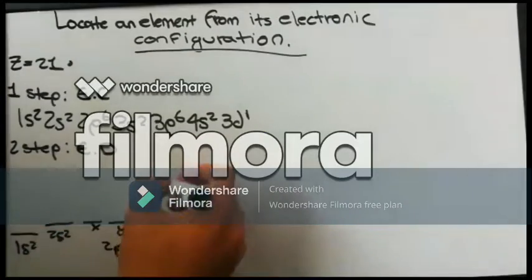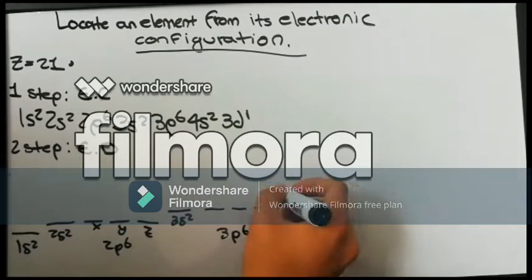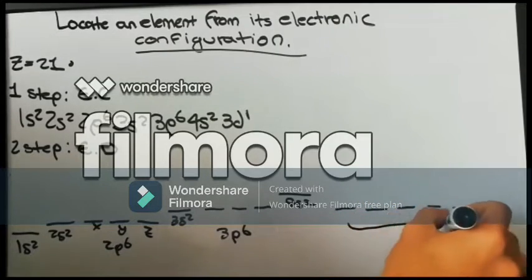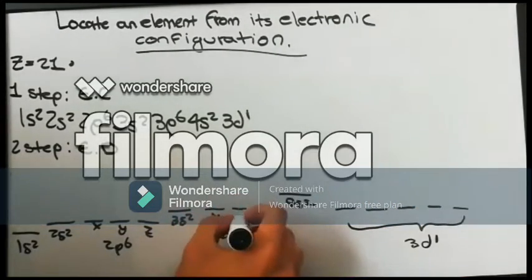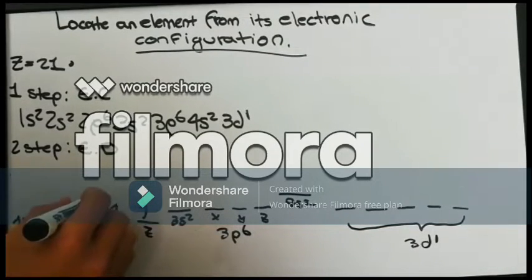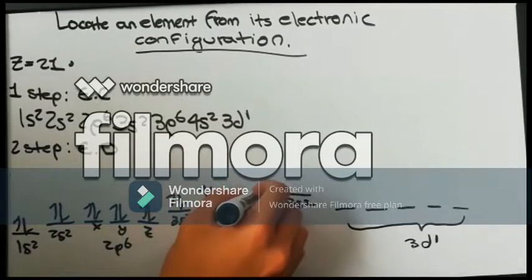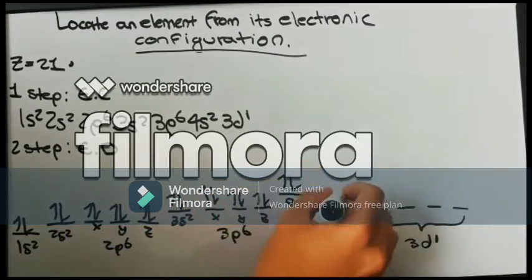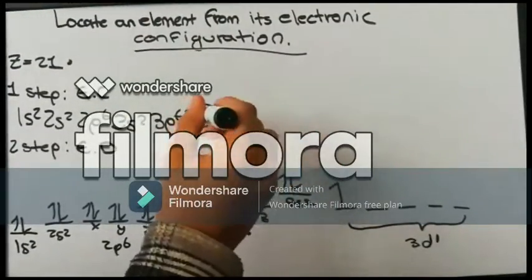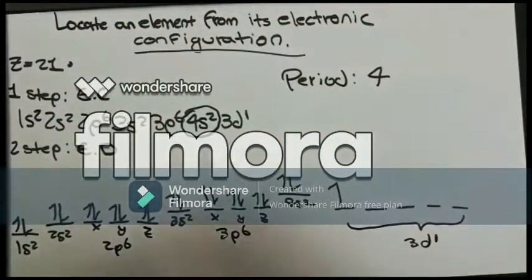The number of orbitals is represented by the lines, and their electronic capacity is represented by up and down arrows. First, the upward arrows are filled in, and then the downward arrows. For the location of the element, the highest energy level in the configuration is used as its period. For the group, the last energy sublevel and the sum of the electrons in the last two energy levels are used.